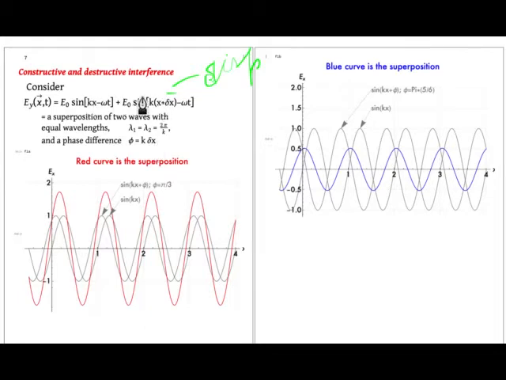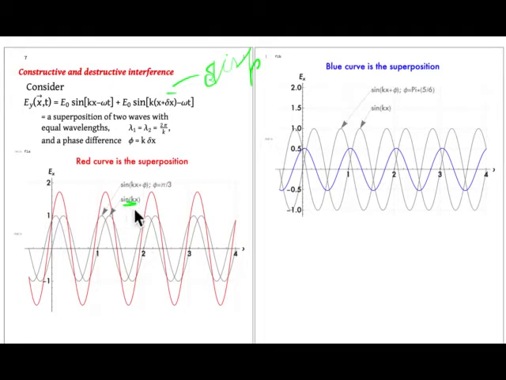And now let's just plot these three waves, E1, E2, and E. So this gray curve is sine kx. So in other words, I'm taking a snapshot of the wave at time t equals 0. Well, here's a snapshot of sine kx at t equals 0.